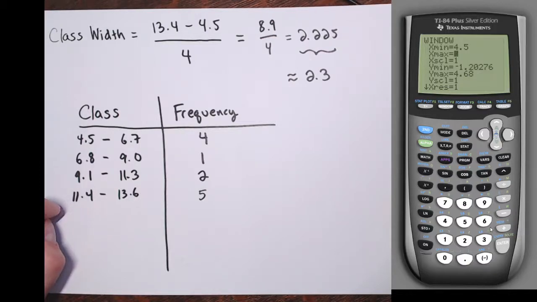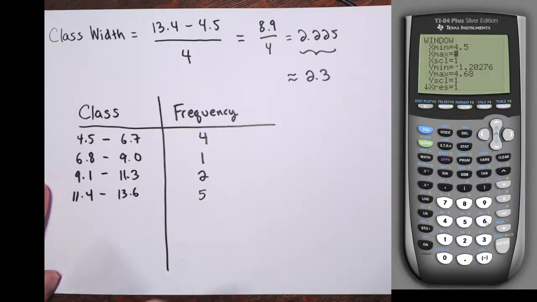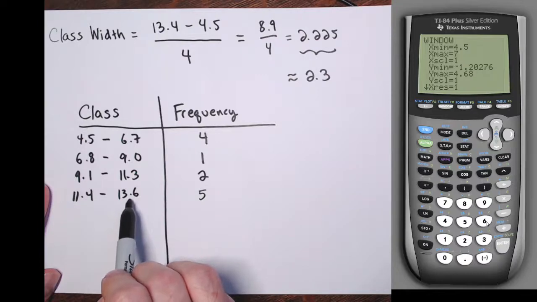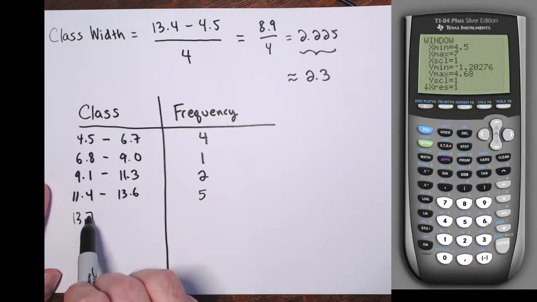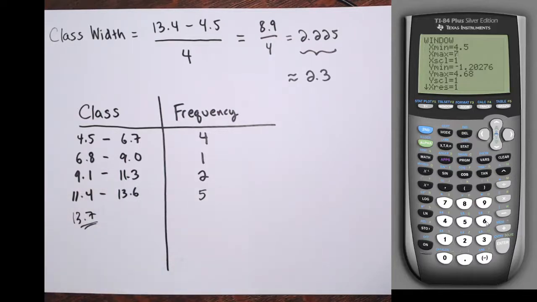The X-max, it's a little weird, but if I were to go to the next class, if there was another class, it'd be 13.7. I'm going to have that be my X-max, 13.7.